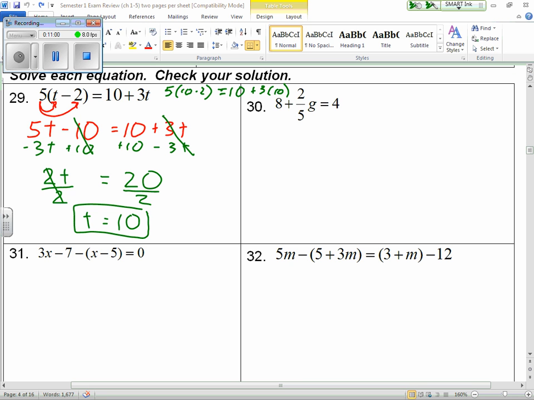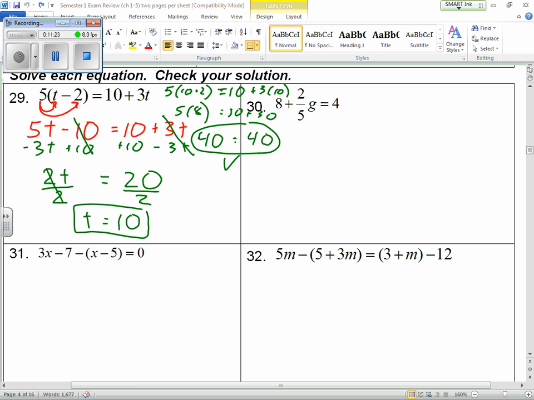Oh, that's a minus. Sorry, 8. That should be 5 times 8, which is 40. Over on this side, we get 10 plus 3 times 10, which is 30. And 10 plus 30 is 40. So 40 equals 40. It checks out.